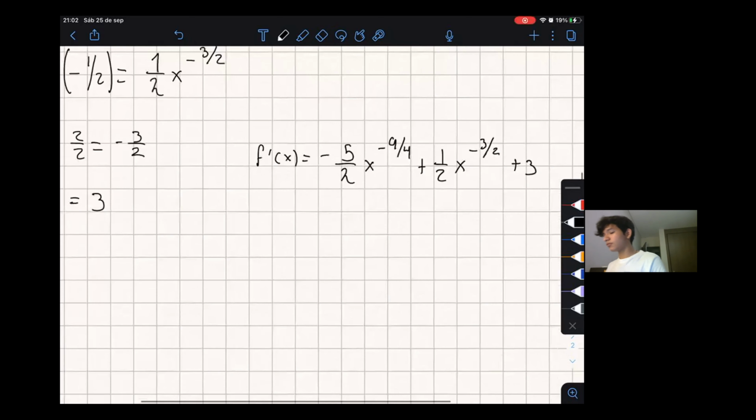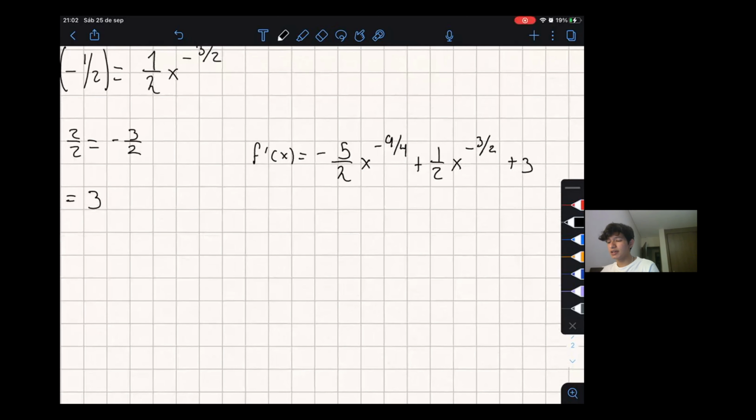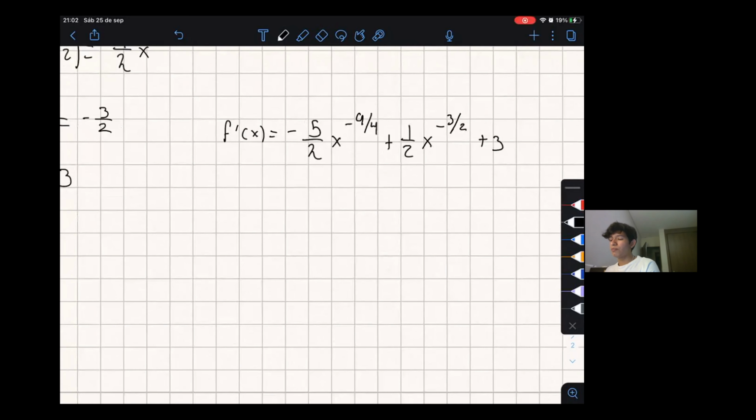So we need to change the negative exponents to positive. To do that, we just put the numerators as denominators and we change the sign.